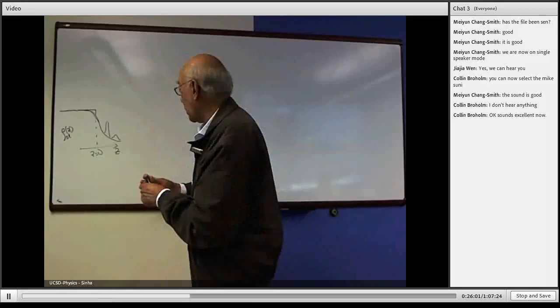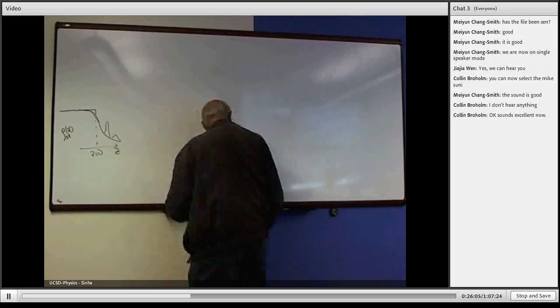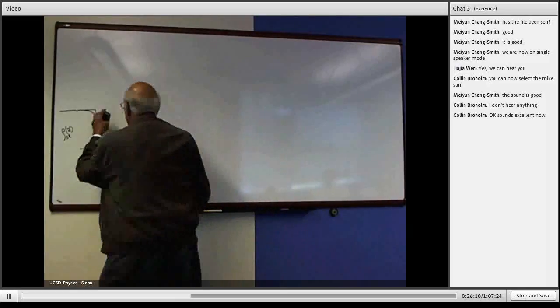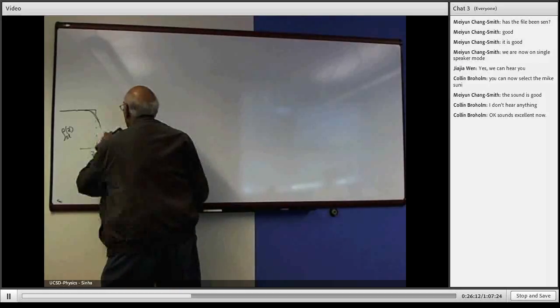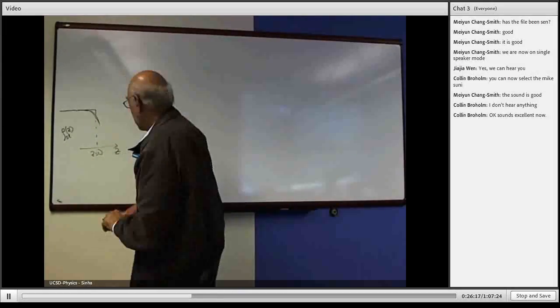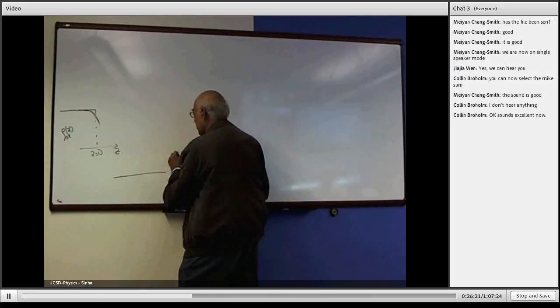Oh, I put it in my pocket. Okay, so instead of a smooth surface, I've illustrated it here. Let's suppose this is the z direction now.